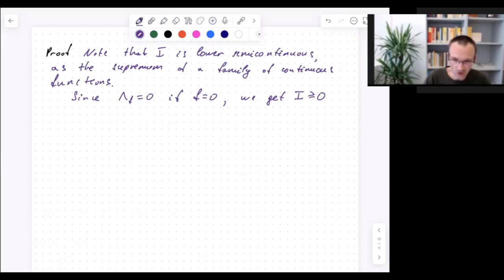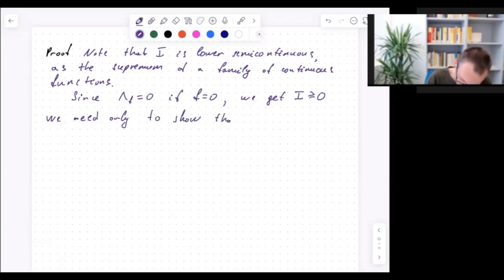Now we need to show only that the family psi epsilon satisfies the weak large deviation principle.